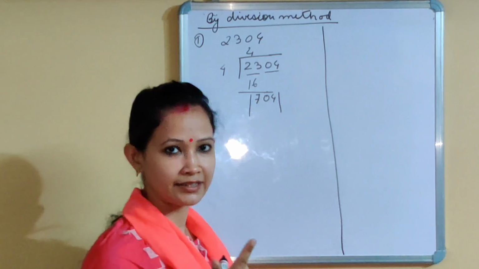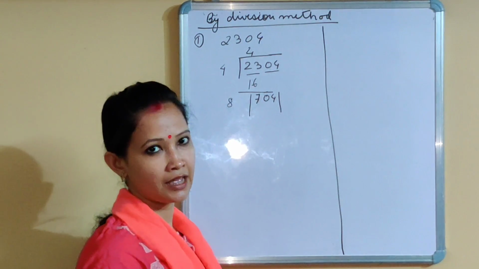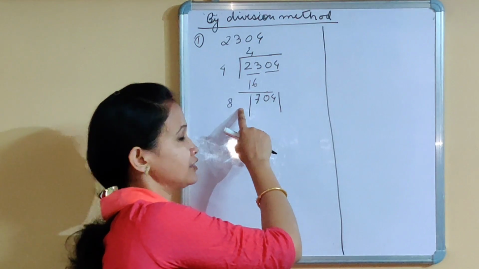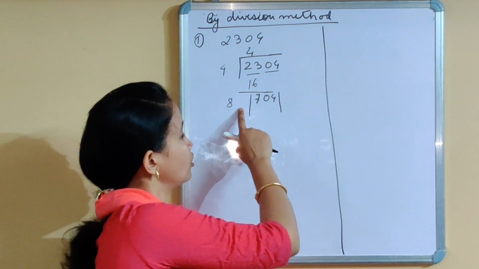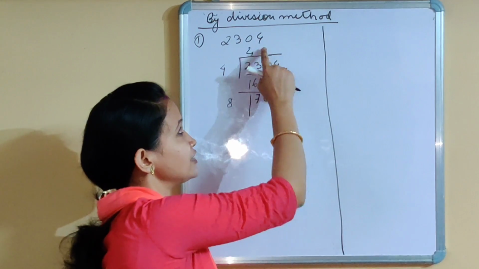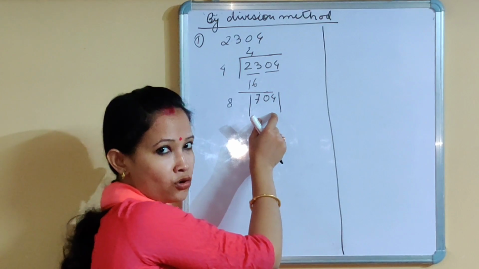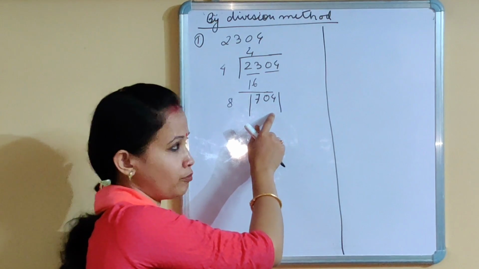It is 8. So here you give 8. Now you have to give a number such that when you give that same number here and multiply, it is either equal to 704 or less than 704, but it shouldn't be greater.